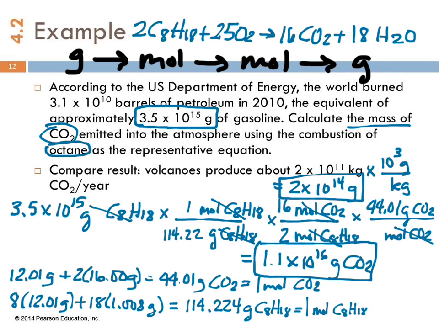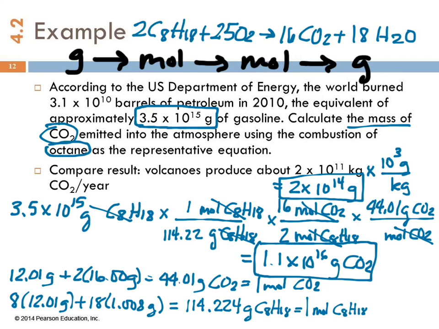So how do they compare? Well, what if we take the big one and divide it by the small one? See what we get. Divide by 2 EE14. It's 54. So 54 times as much carbon dioxide from fossil fuels as from volcanoes.